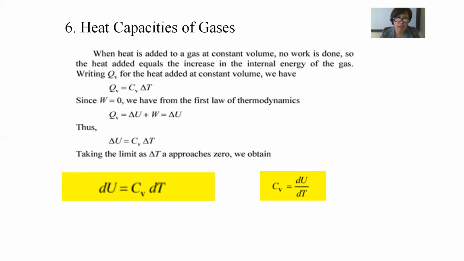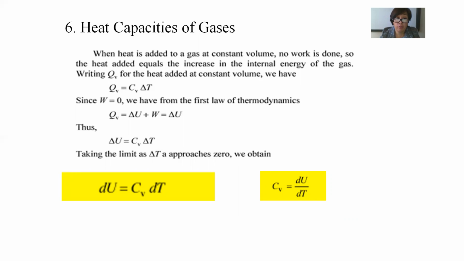Here we write the heat equals the heat capacity at constant volume multiplied by the change in temperature. The work done equals 0.